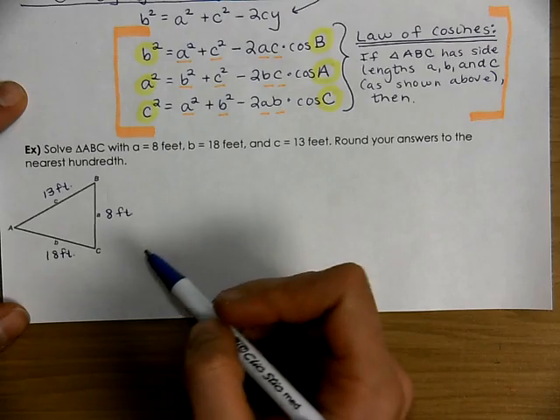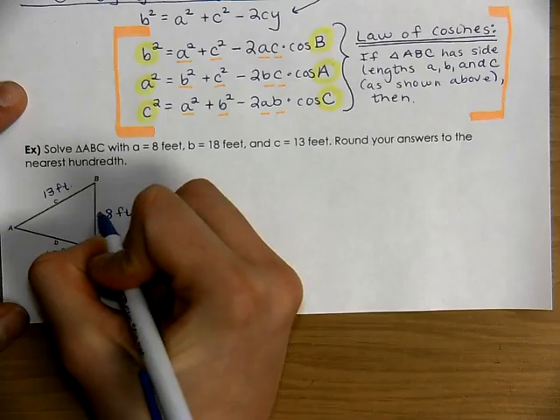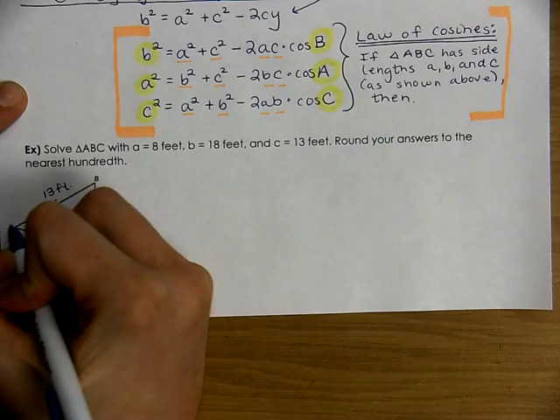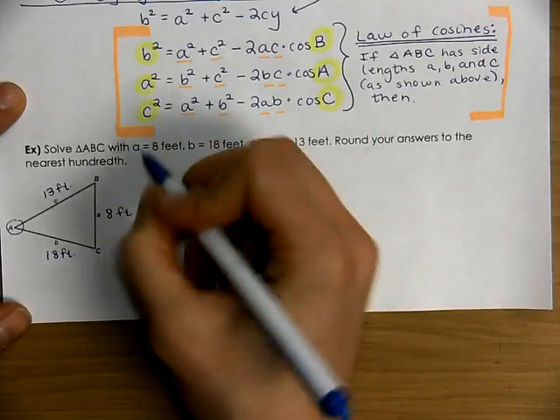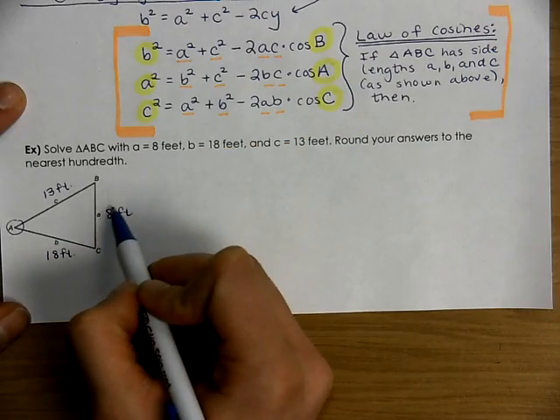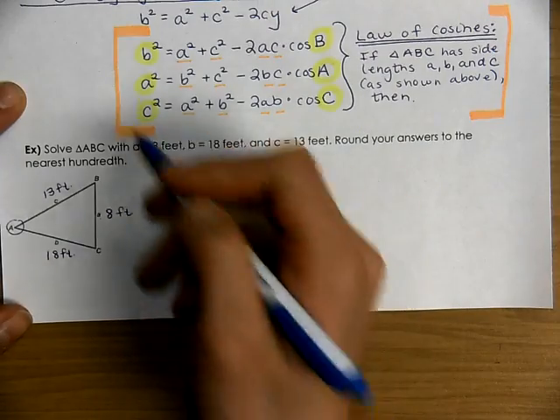So when I look at this, let's first solve for A. Oh, sorry, we have A. Let's first solve for measure of angle A. So if I'm looking for measure of angle A, that means I need to use the opposite side of that, squared, equal to the rest of the formula.